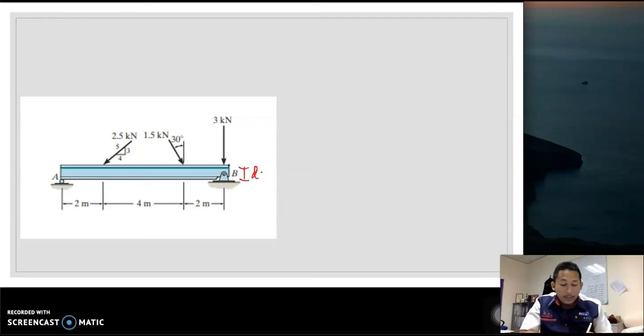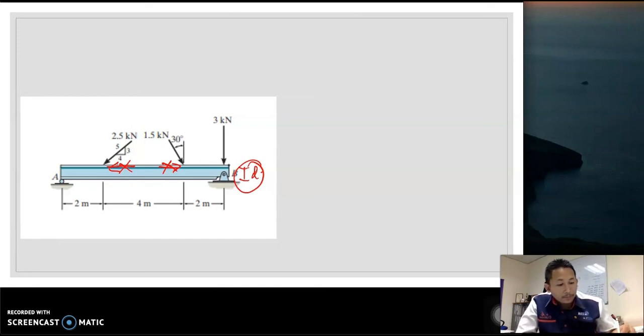So the force of this one is not calculated because there is no distance given. But if they include the distance of 0.1 meter, let's say, so you need to calculate from the point.